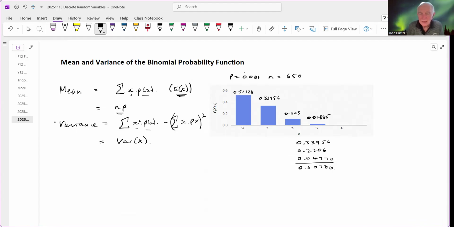So it's the expectation of x squared minus the square of the expectation.